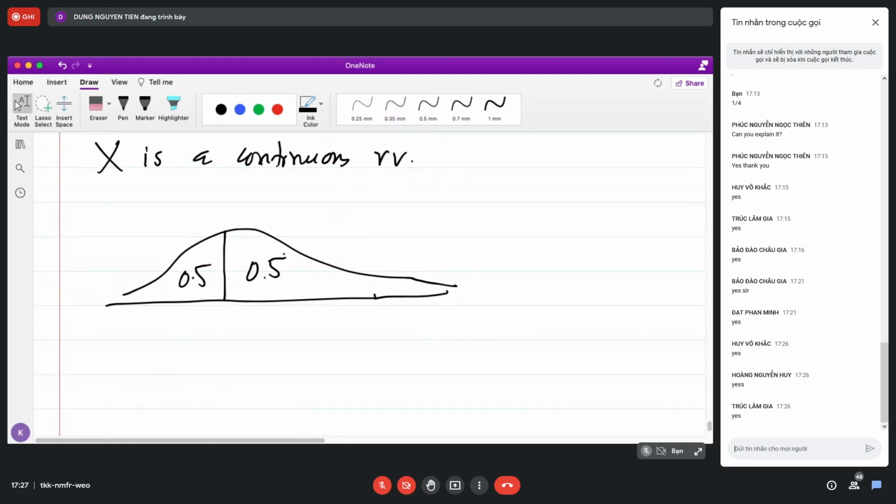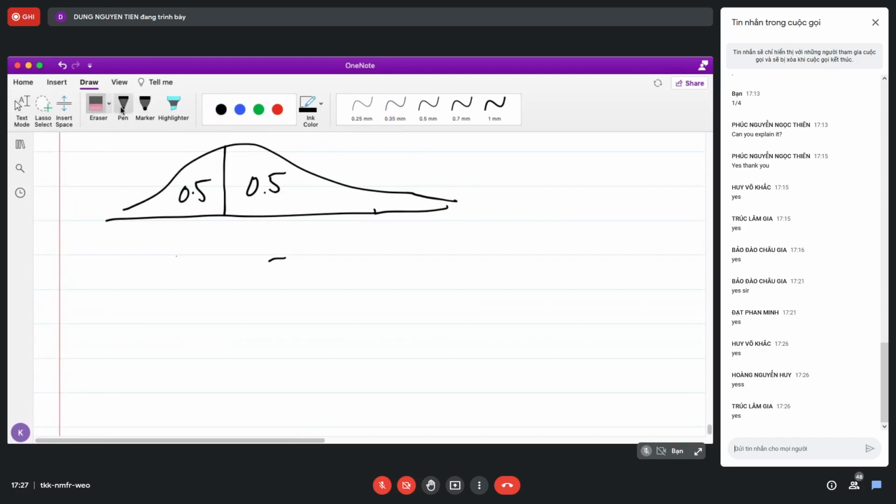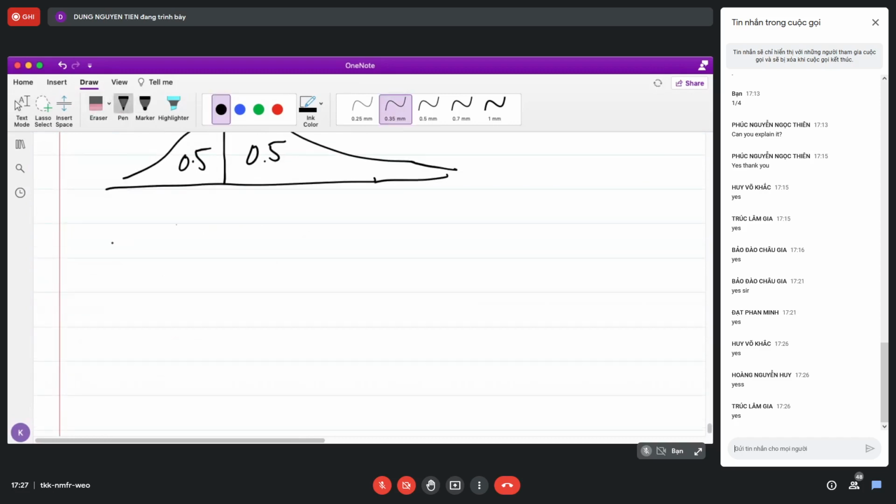For example, suppose that we get the following density function. So you get this one, and then let's say I get this.